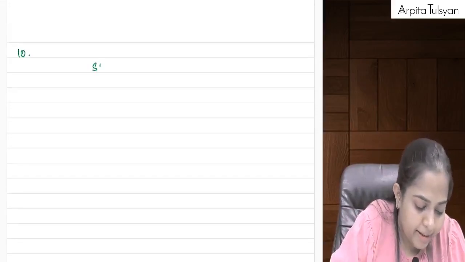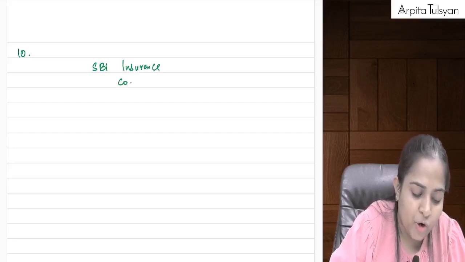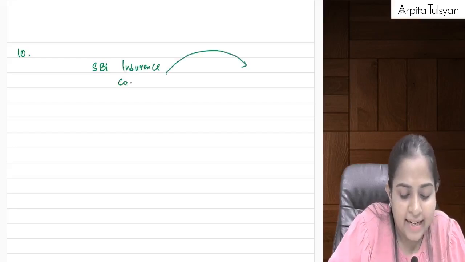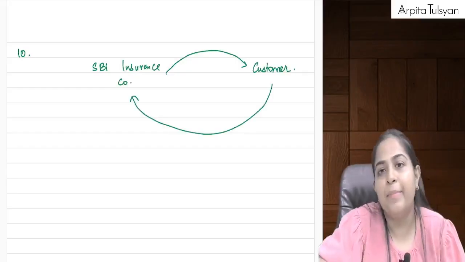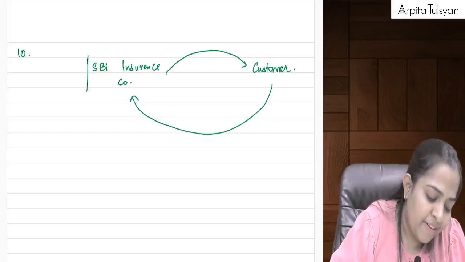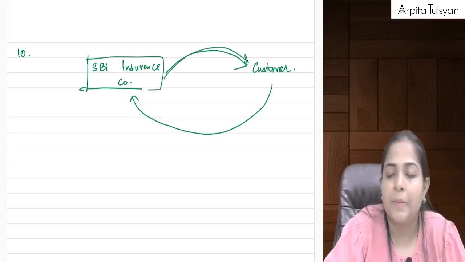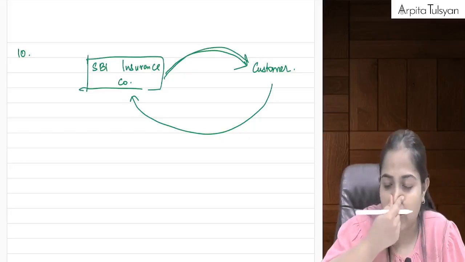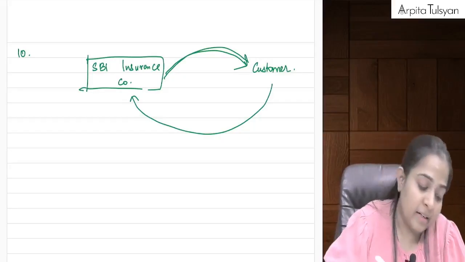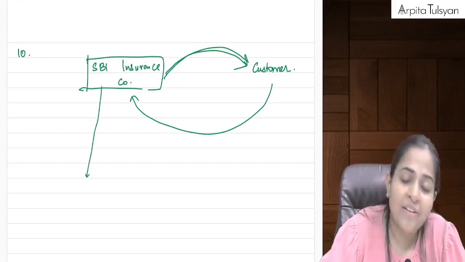Now, let's say SBI Insurance. Again we'll take the example of the same company. Let's say SBI Insurance company has entered into a contract with a customer, and the customer is ready to pay the premium for that. Now, when SBI Insurance company was in talks with the customer, it said that I alone cannot take the risk and we need one more insurance company together. I will reinsure.